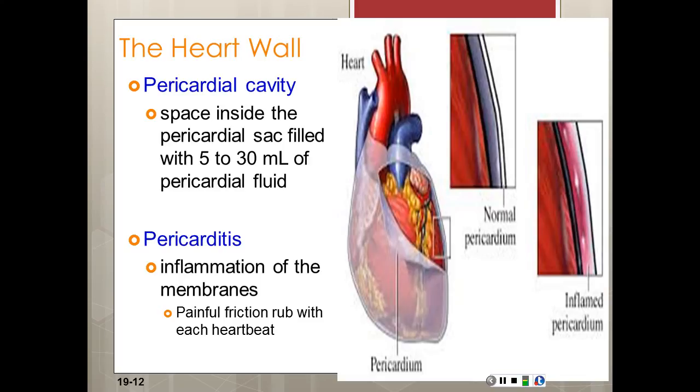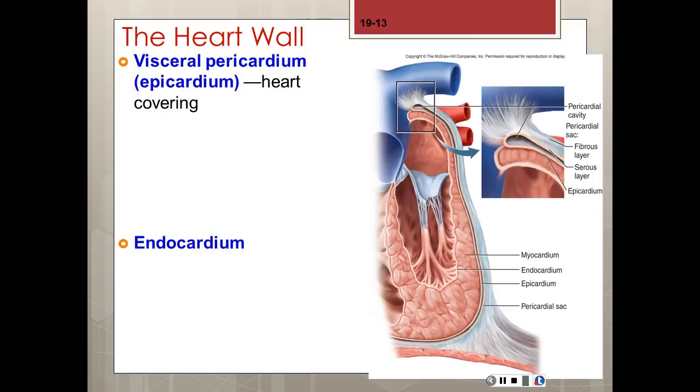So every time the heart beats, you're going to have a lot of pain within your chest. Now, the pericardium isolates the heart from other thoracic organs and allows it room to expand while resisting excessive expansion.